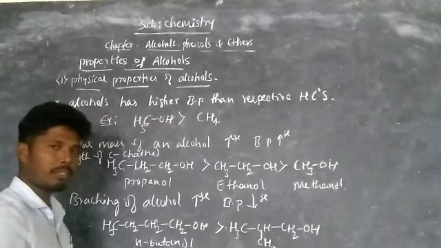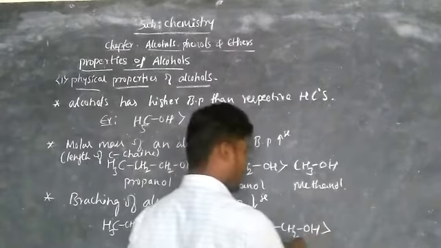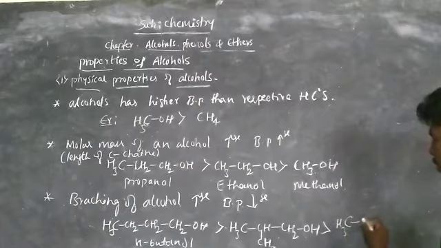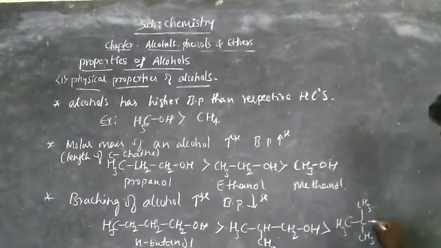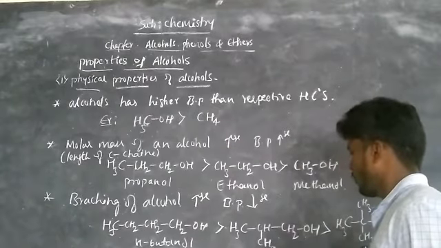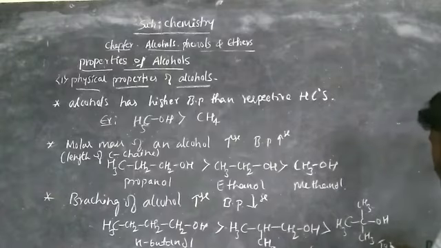These are called isomers, structural isomers. Now, again I write one more, CH3 C CH3 CH3 OH. This is tertiary butanol. This is a secondary butanol. This is a tertiary butanol.